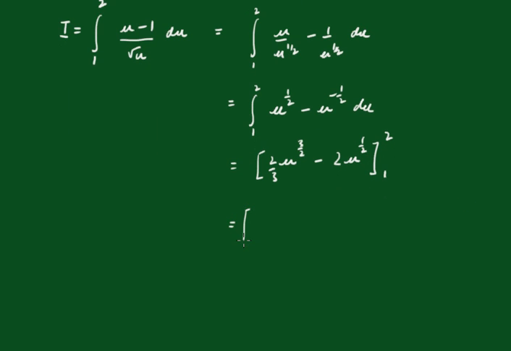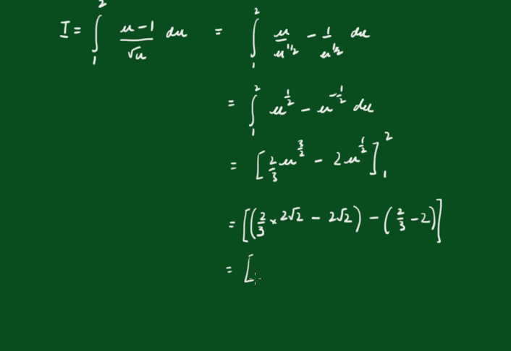You get now 2/3 times 2 to the 3 on 2, which is 2 root 2, minus 2 root 2, minus, that'd be 2/3 minus 2.